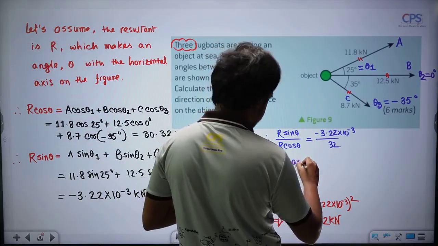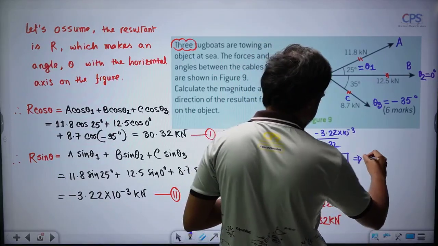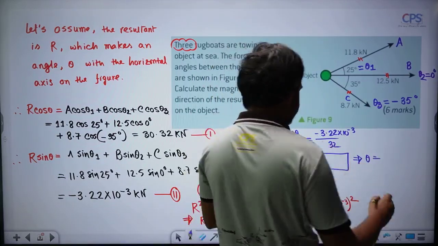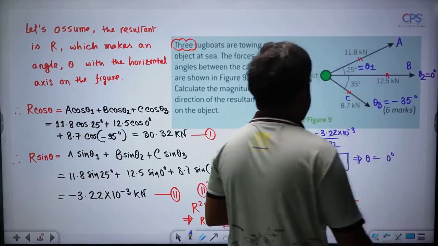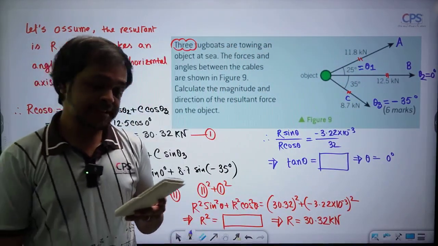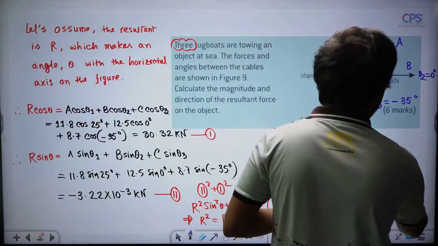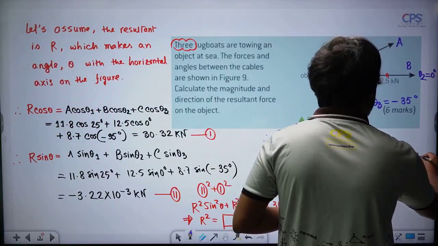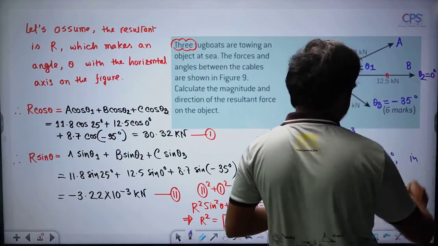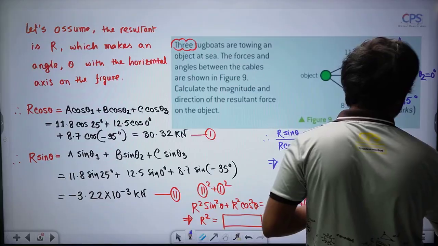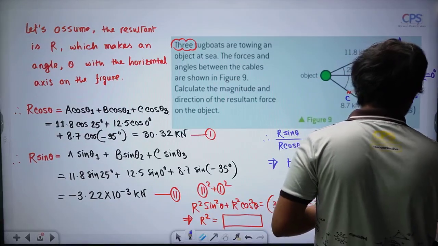So tangent of theta equal to something, and the theta will be, I got that, tends to 0 degree. It is minus 5.76 into 10 to the power minus 3, it means close to 0 degree, or with the horizontal axis. 0 degree means the horizontal axis only. Okay, so done.